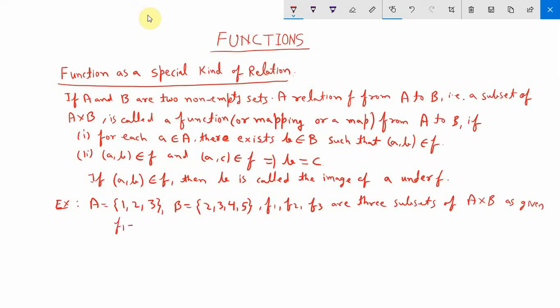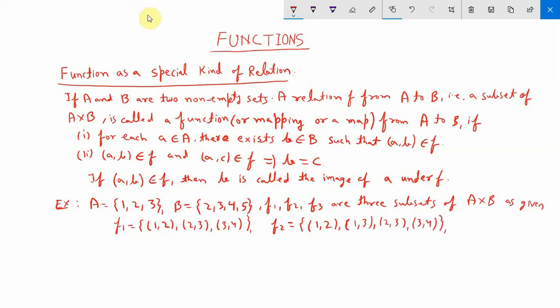F1 is equal to {(1, 2), (2, 3), (3, 4)}. F2 is given as {(1, 2), (1, 3), (2, 3), (3, 4)}.